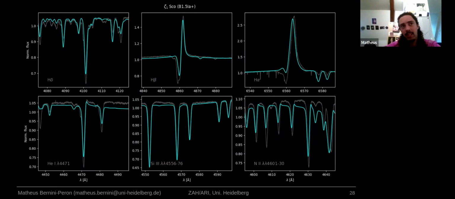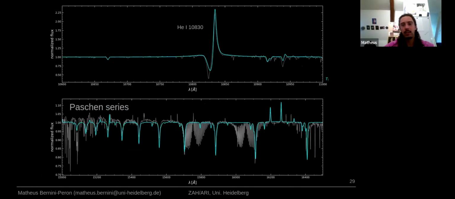But the main point is that we are reproducing these lines, and therefore our predicted stellar atmosphere structure is likely representing reality relatively well. And also in the infrared, just to show you that the models are also reproducing the features.